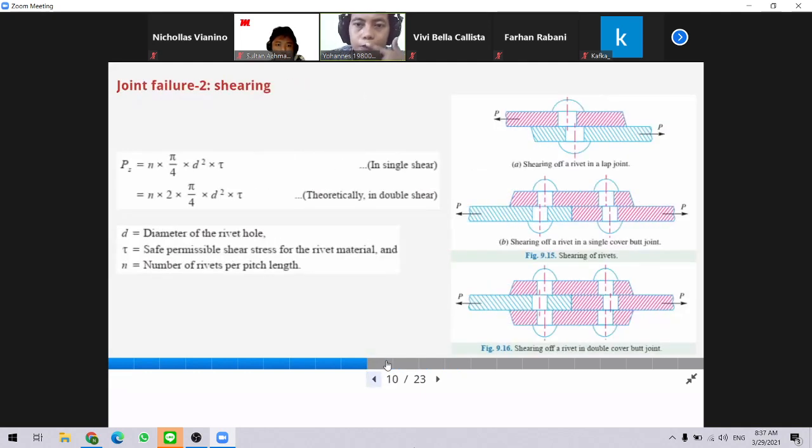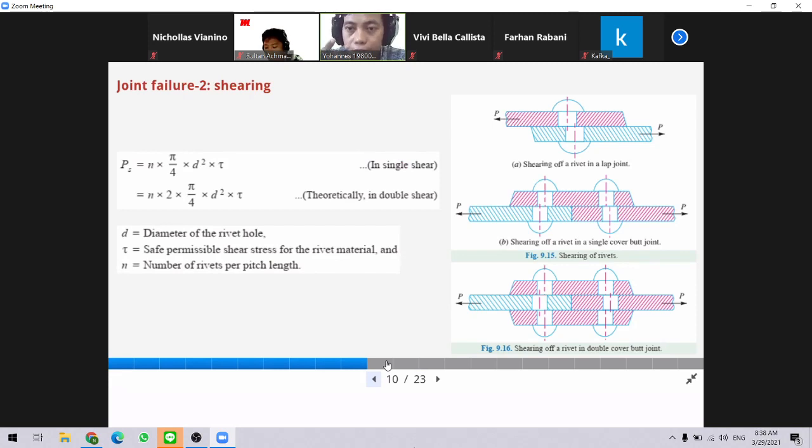For the first and the second figure, we have different calculations of shearing area because of the number of rivets. For the first figure, we have a single overlap joint, only one rivet and only one shear area.